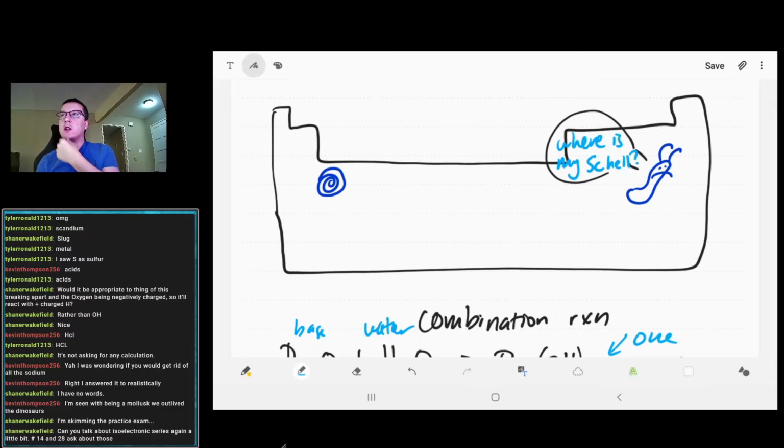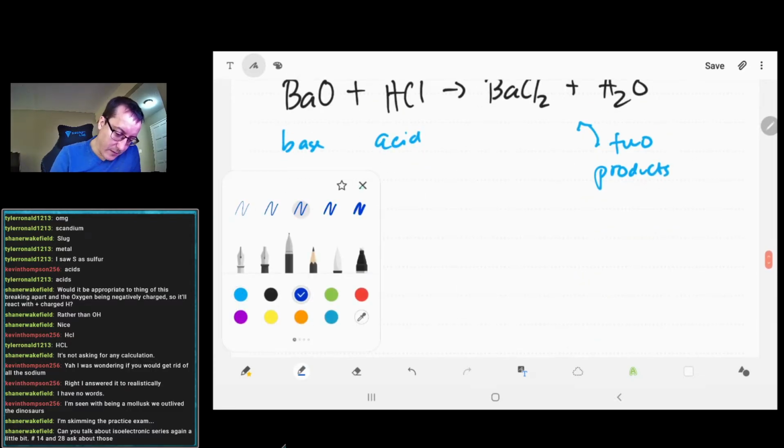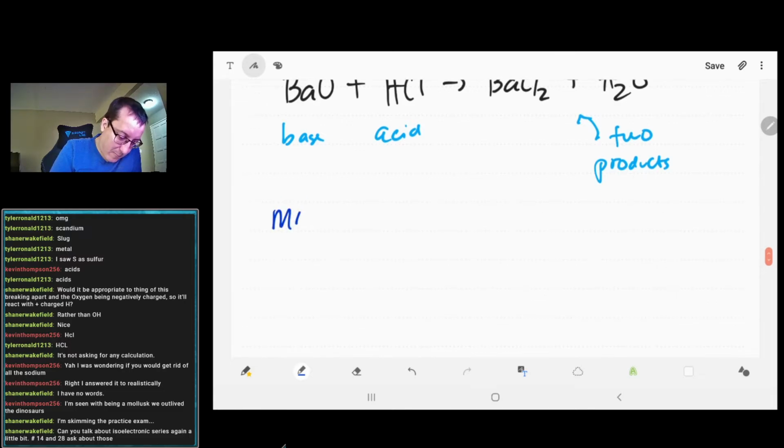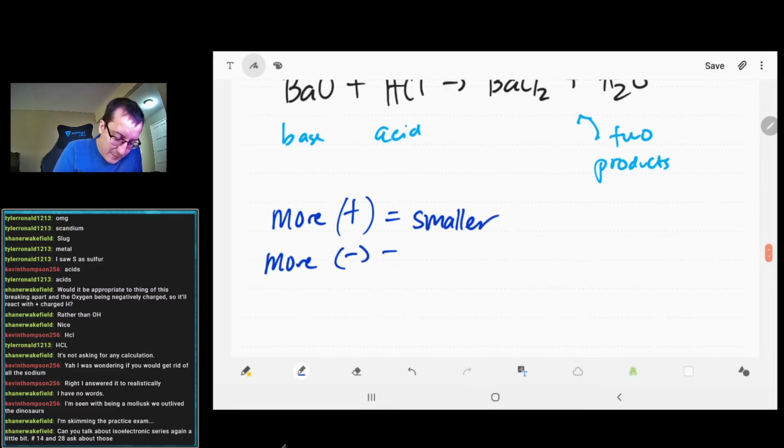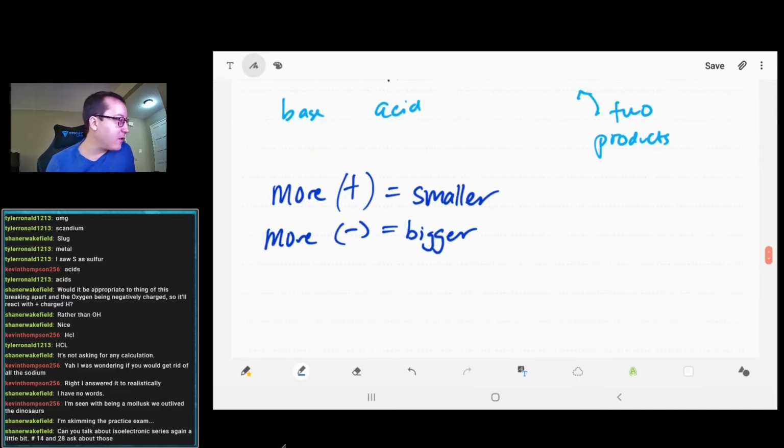When we look at isoelectronic series, we have to remember that more positive means smaller, more negative means bigger, right? So let's look at 14. I'm going to switch this over to that window instead.